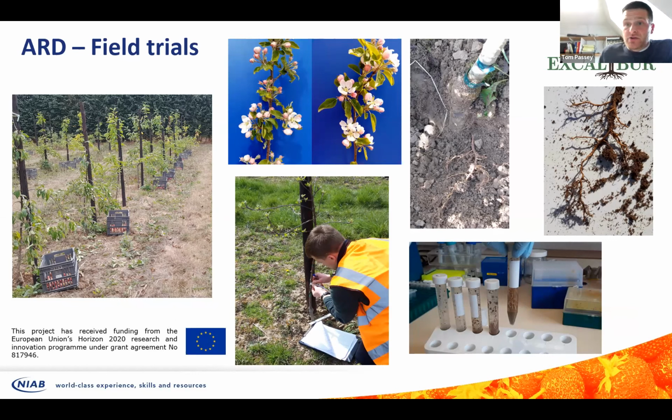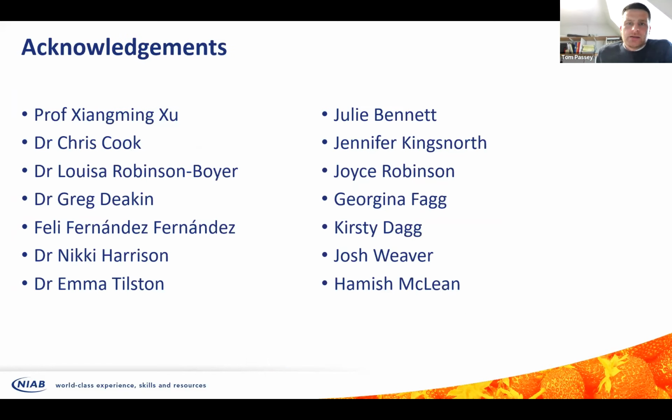So on these roots, that means digging down to the base of the tree, finding some roots, pulling them out, and then extracting the DNA and seeing if we can find any of the beneficials we've put in, but also have a look and see how the community on each tree is changing from planting across time, and see whether there's any differences in what's there, whether they be pathogenic or beneficials or anything else in between. I should just say that this is an ongoing project.